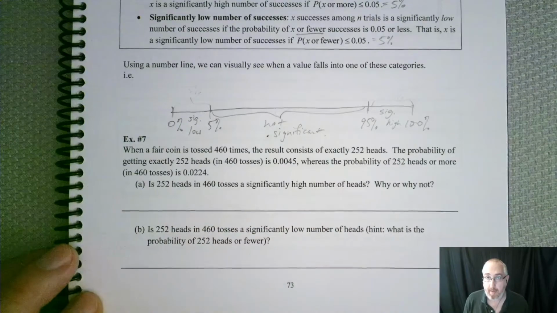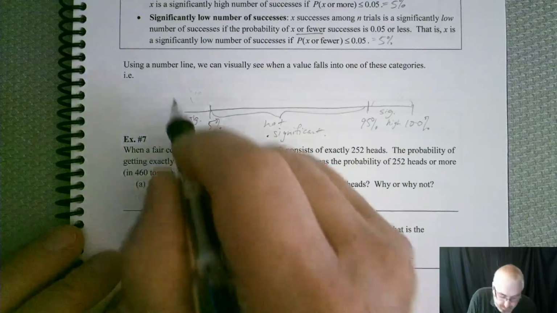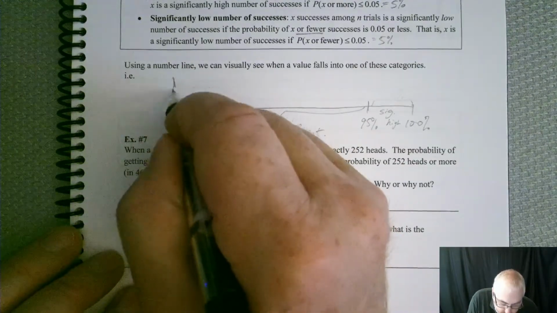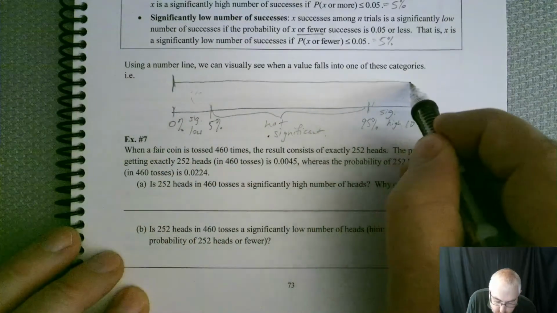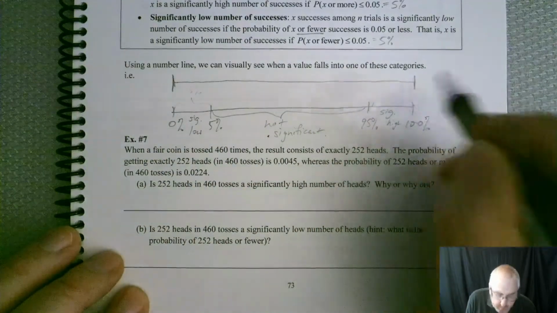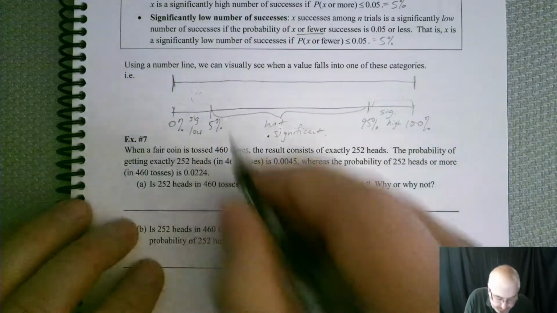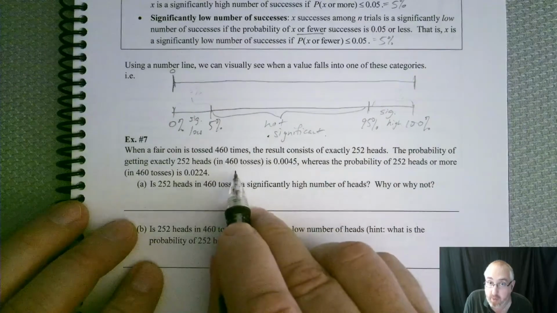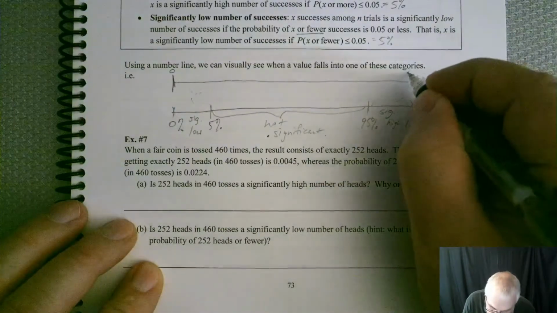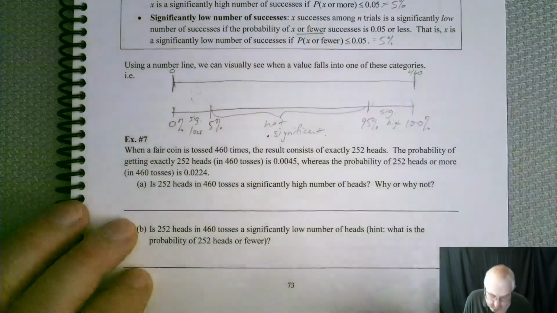Why or why not? So, if I drew a number line right above this, and instead looked at it as my number of coins, so I'm going from 0 to 460.